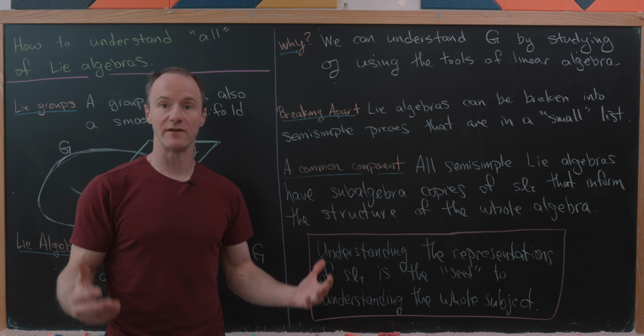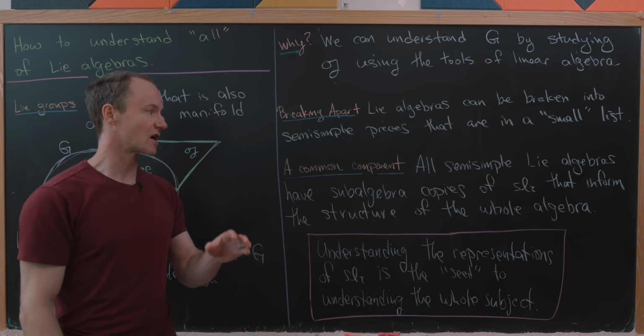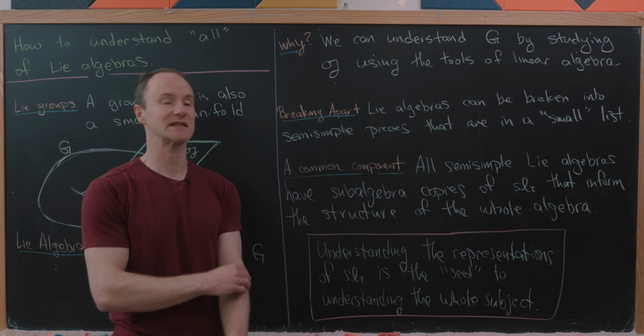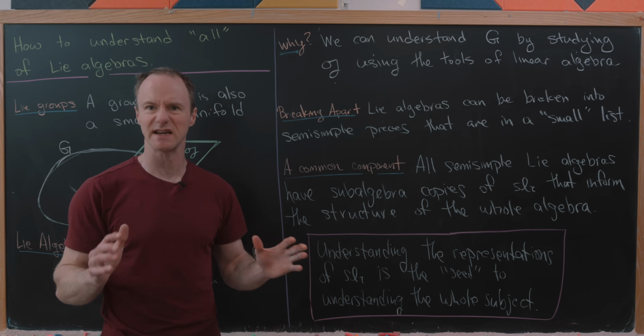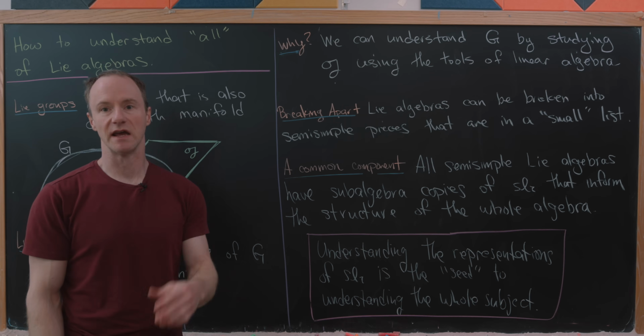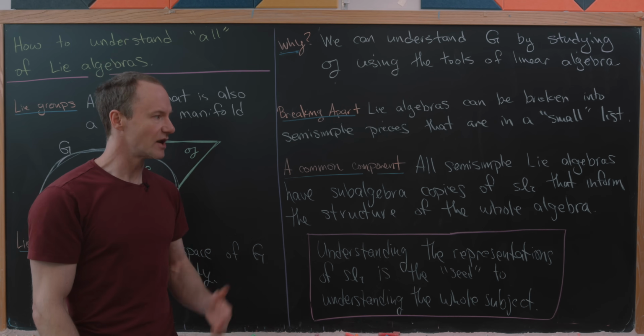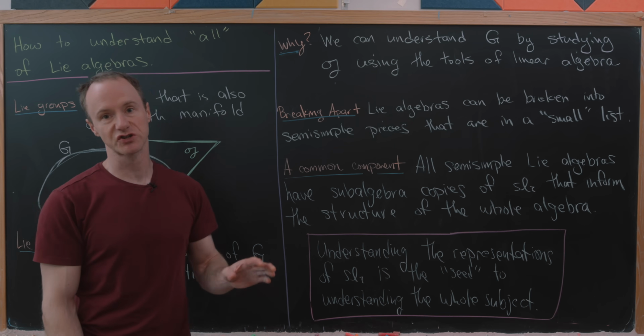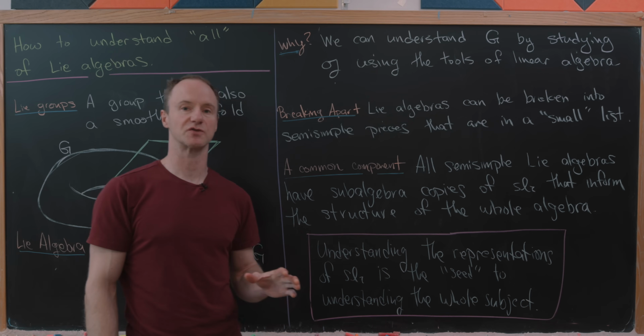And inside of all of these algebras, there is a common component. That component is the simplest Lie algebra, SL2. We'll see exactly what SL2 is in a minute. If you can understand what's going on with SL2, then that's going to inform the structure of the whole Lie algebra.